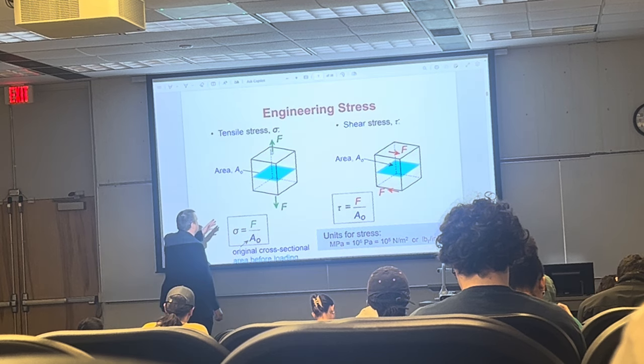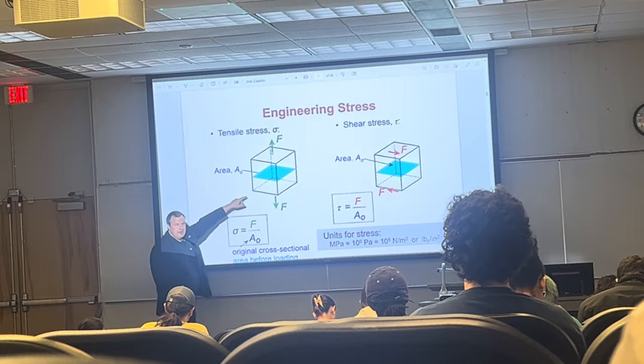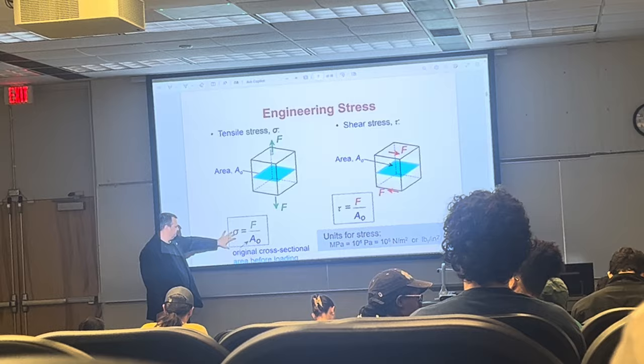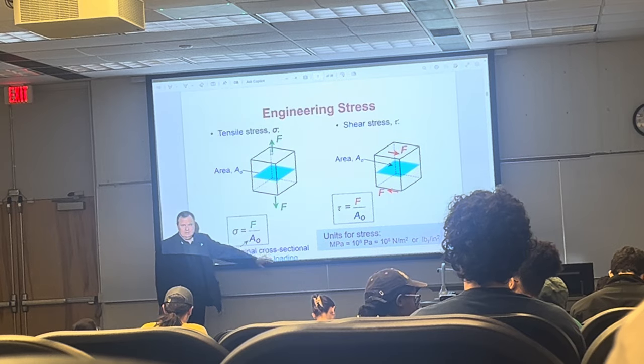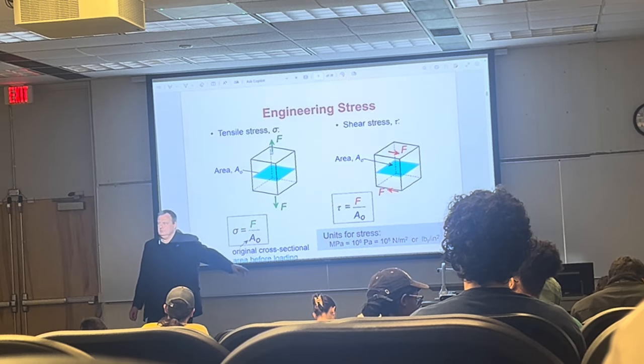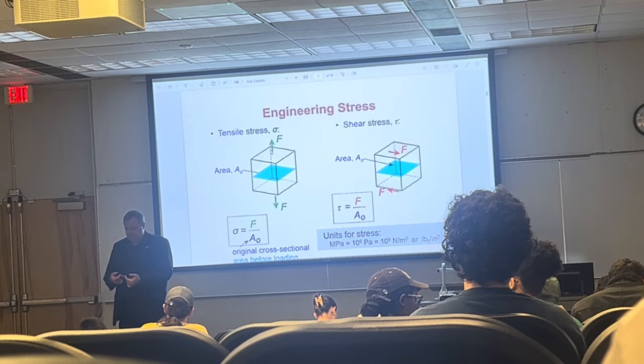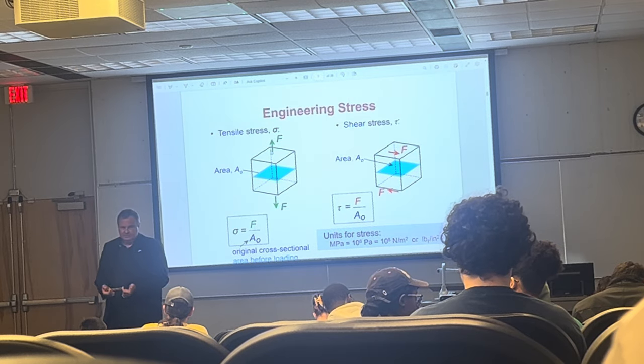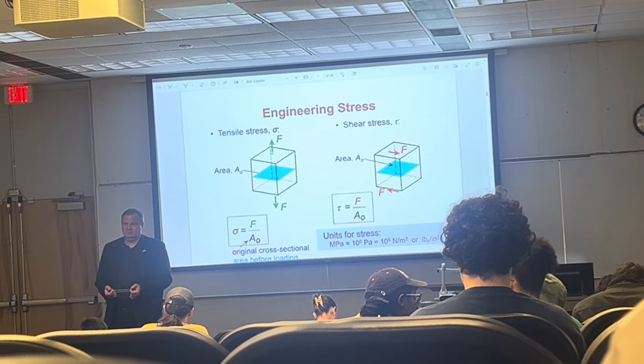So for tensile stress, this is the force, this is the area. Area is perpendicular to the force. This is the normal stress. We use A0, even though the cross-sectional area is changing as we're applying the load. But we're taking the original area.